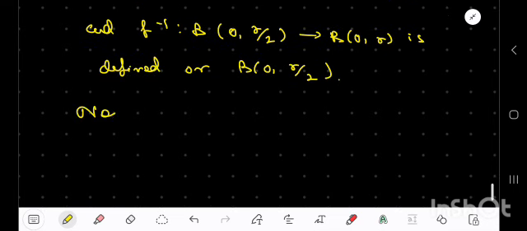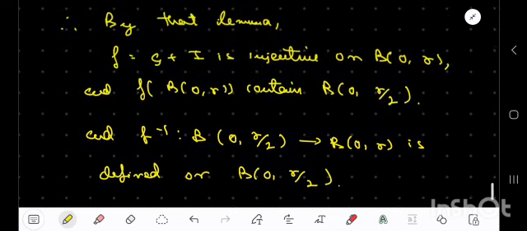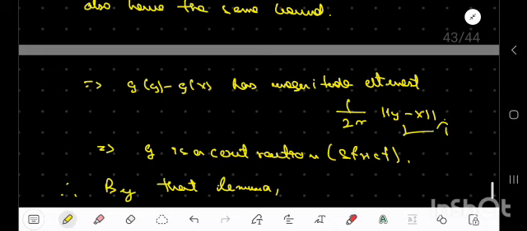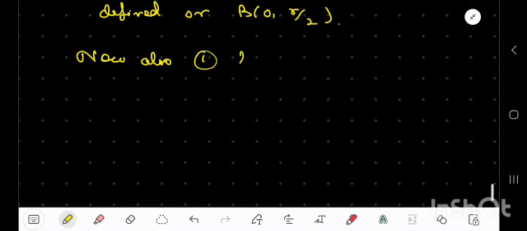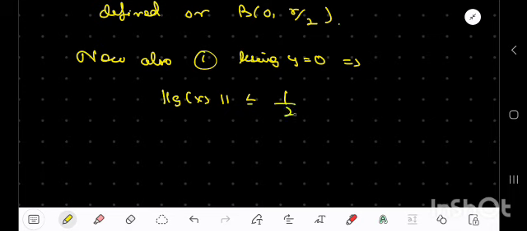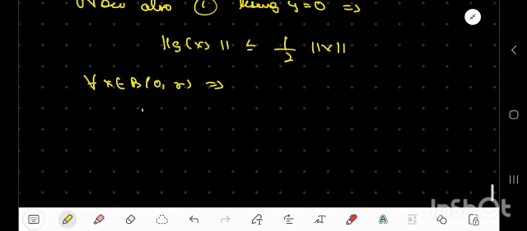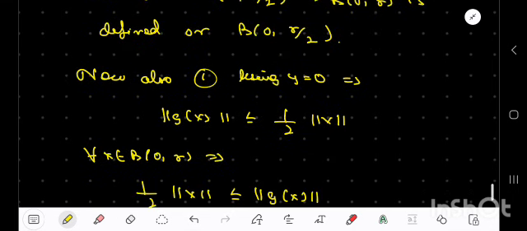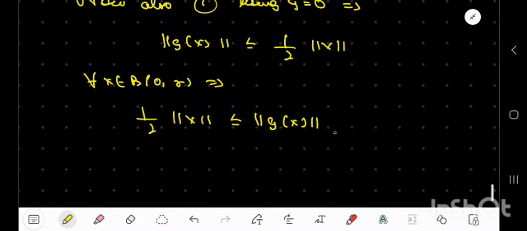Now also, let me label this statement as 1. Using y equal to 0 in 1 implies the norm of g(x) is less than or equal to half times the norm of x for all x in B(0, R). By the triangle inequality, half the norm of x is less than or equal to the norm of f(x), since g was taken to be f(x) minus x, and this essentially becomes 3 by 2 the norm of x.